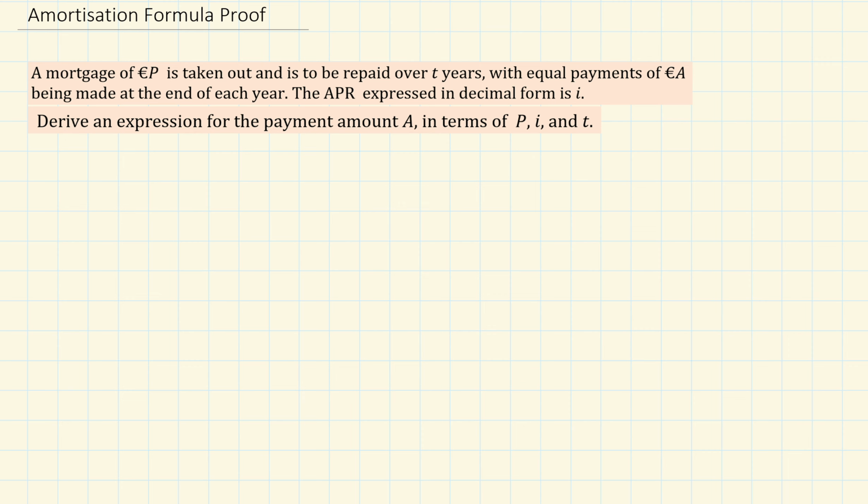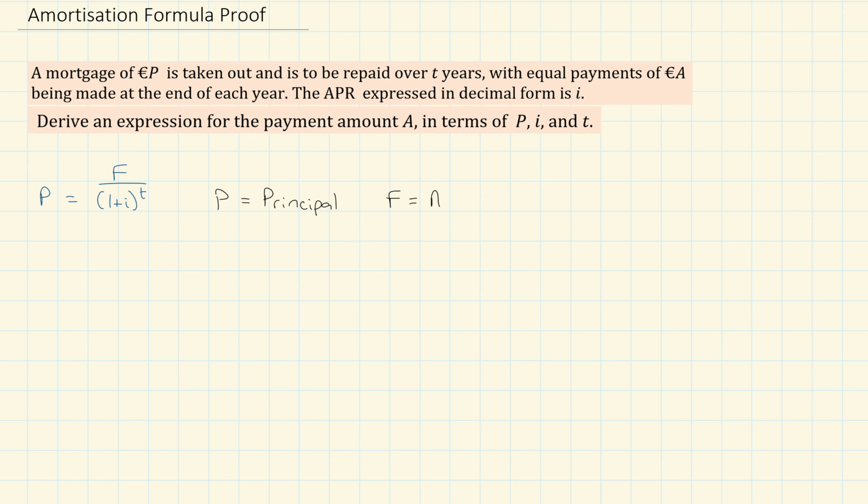Okay, so what happens here is, because it's a repayment, we know it's going to be P is equal to F over 1 plus I to the power of T. P is going to be the principal, so that's the mortgage amount.